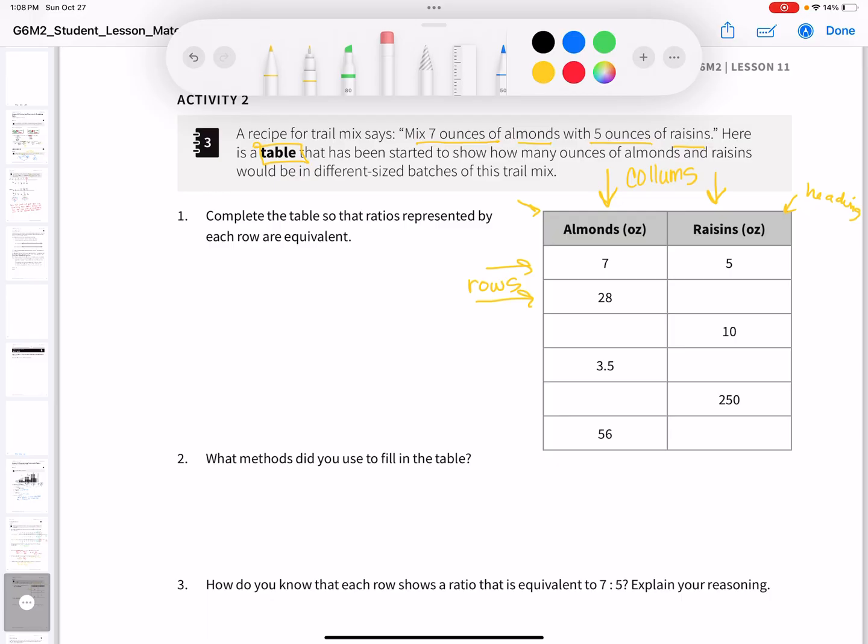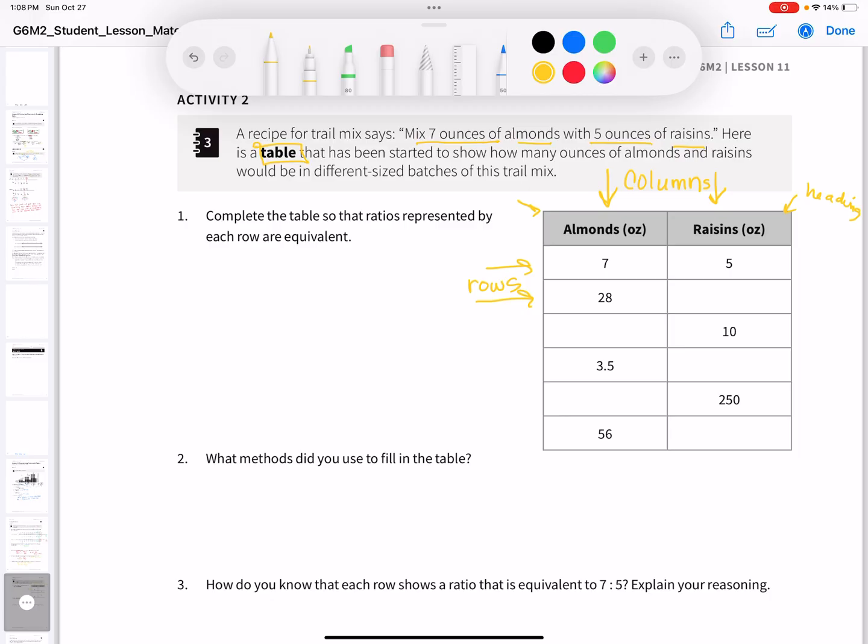And of course, I did not spell that correctly, so we're gonna change that. All right, so these are columns and these are rows, okay? So the first column deals with almonds. The second column deals with raisins. The rows are the equivalent ratios.